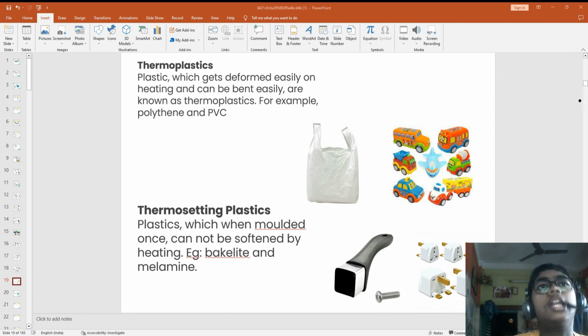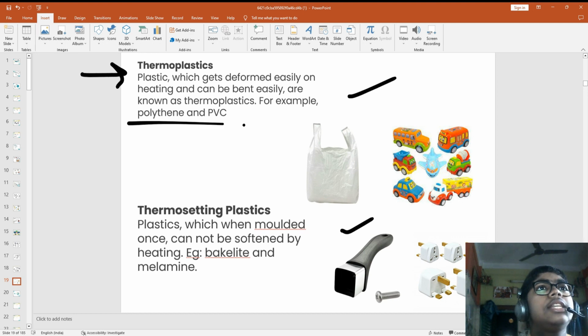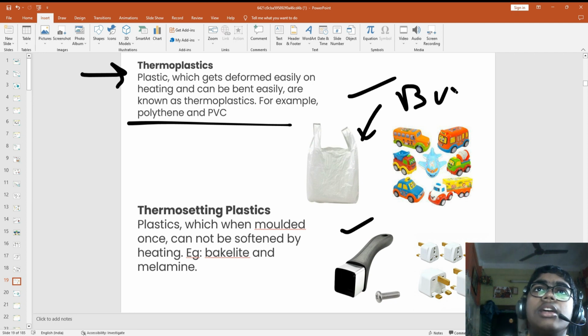Now, according to this plastics classification, we can divide plastics into two types: thermoplastic and thermosetting plastics. Thermoplastics are the plastics that get easily deformed on heating. Has anyone burned these plastics? Yes, don't burn them. But has anyone mistakenly burned, like, the plastic of incense sticks?